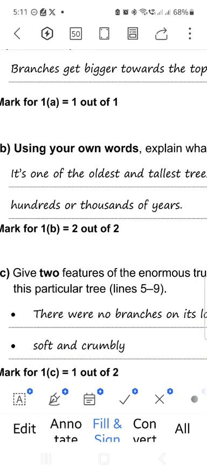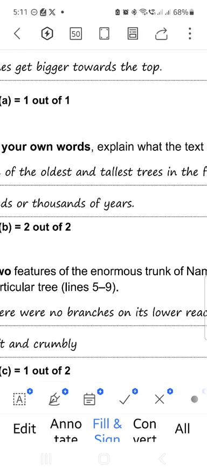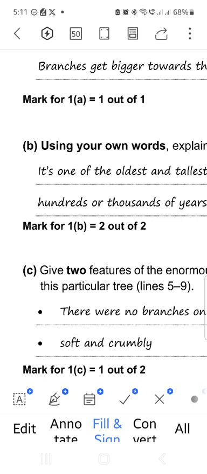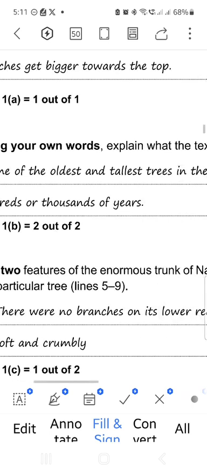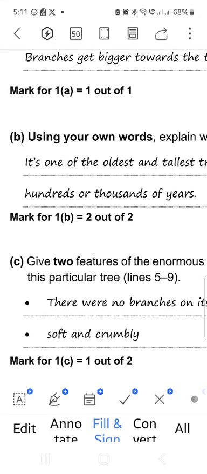Using your own words. When the question starts with the words using your own words, explain. You have the word explain here, which tells that this question demands implicit understanding. That means this is not clearly mentioned in the text. You need to understand it. But even if it is clearly mentioned there, you have to write that in your own words.